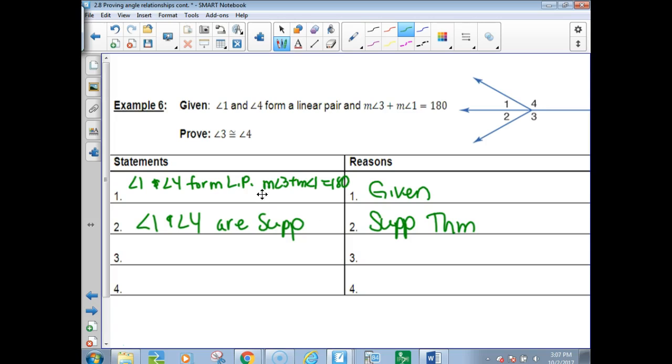They already gave us the measure of angle 3 plus the measure of angle 1 is 180, so those are also supplementary. Let's just do angle 1 first.